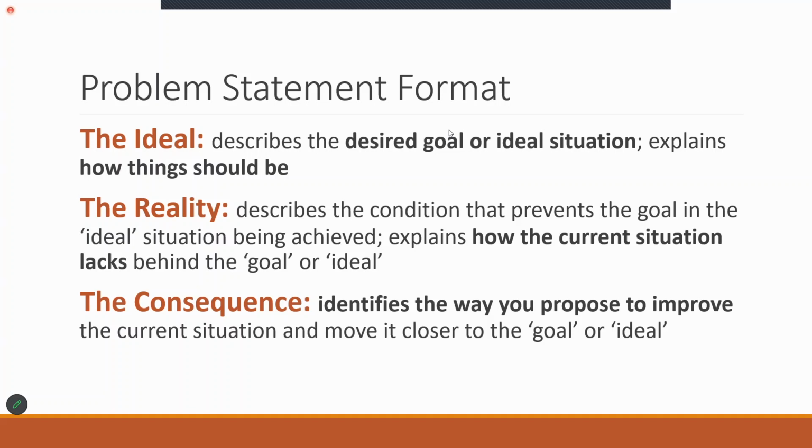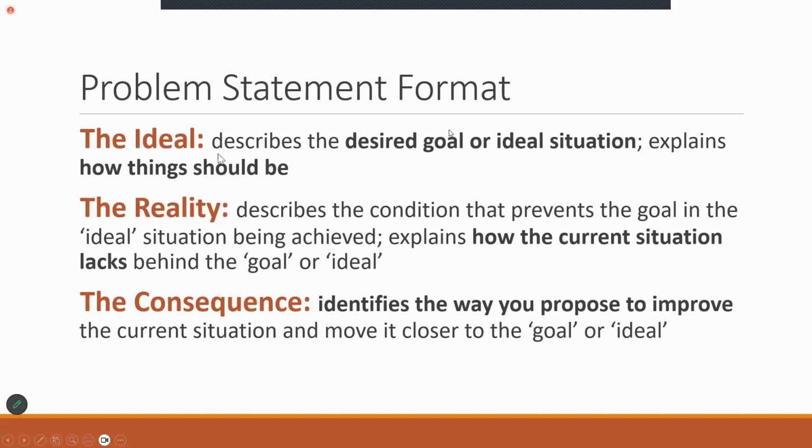Here, I have divided the problem statement into 3 parts: the ideal, the reality, and the consequence. The ideal situation, what the reality is, and then the consequence. So we will go through this and try to understand it.